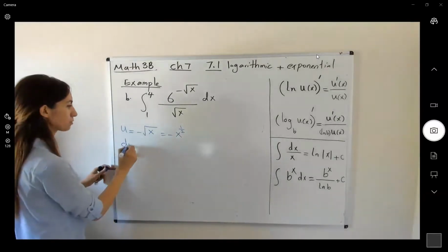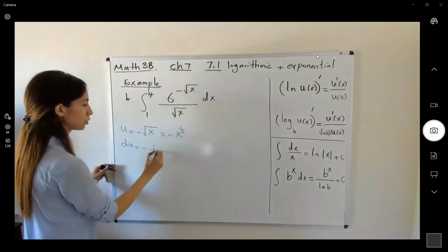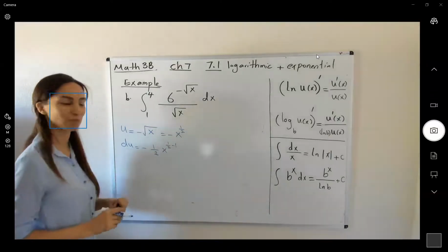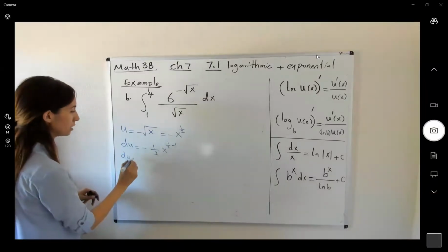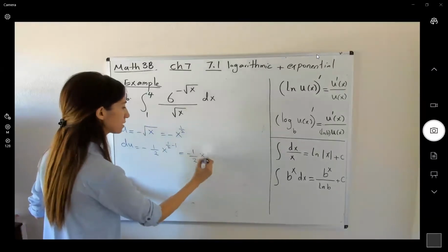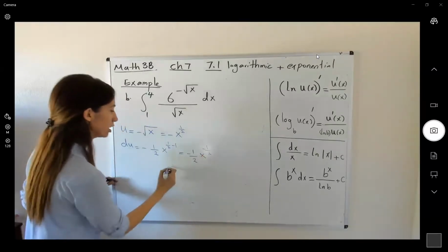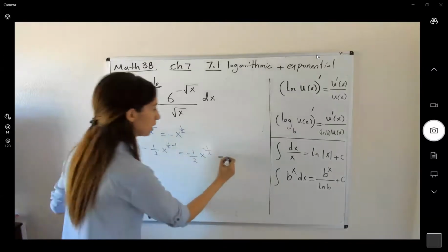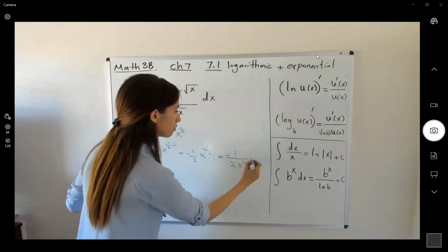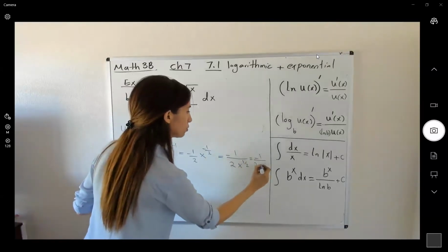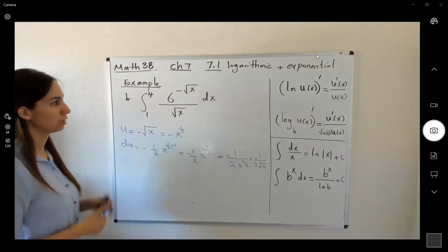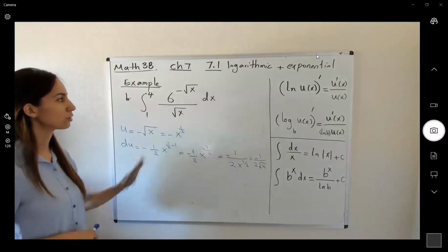So du is equal to minus, we drop the exponent a half, and we subtract 1 from the exponent. So du is equal to negative a half x raised to minus a half. If you simplify this, we get minus 1 divided by 2 x to a half, which is negative 1 divided by 2 square root of x. Well, now look at your integral.